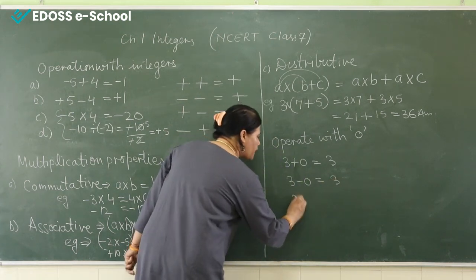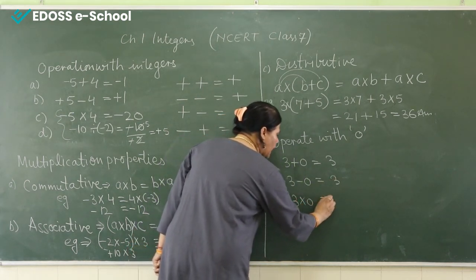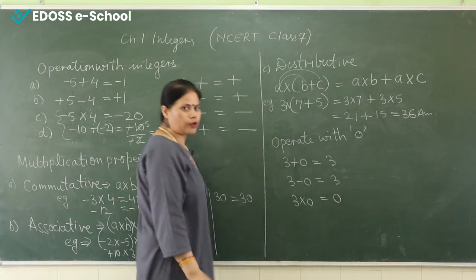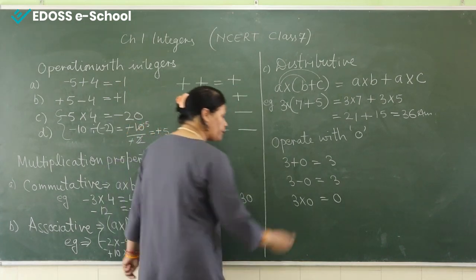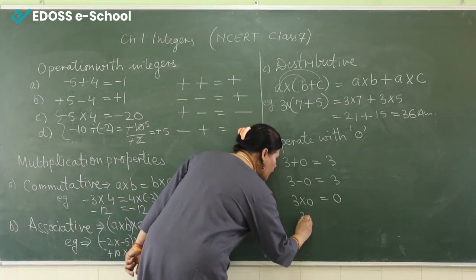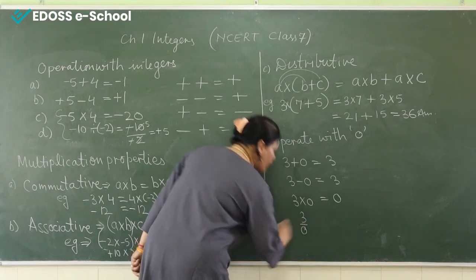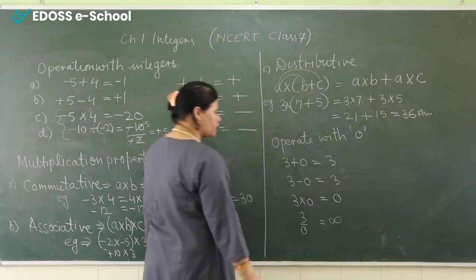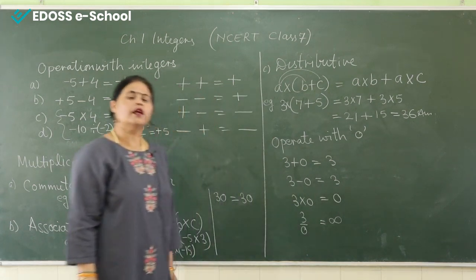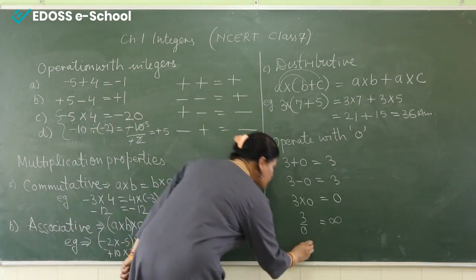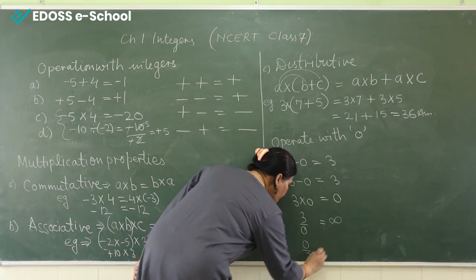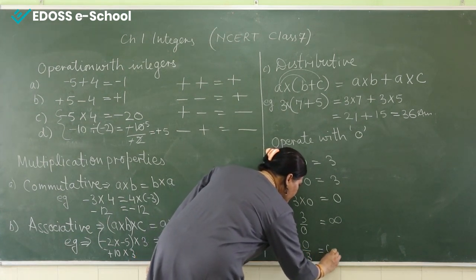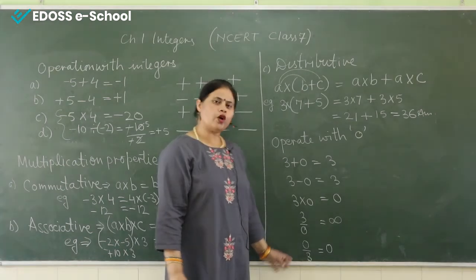When we multiply with 0, the answer is 0, because 3 times 0 is 0. And the last is when we divide, 3 divided by 0, the answer is infinite, you can say not defined. But when 0 is divided by 3, your answer is 0. So 0 upon 3 is equal to 0.